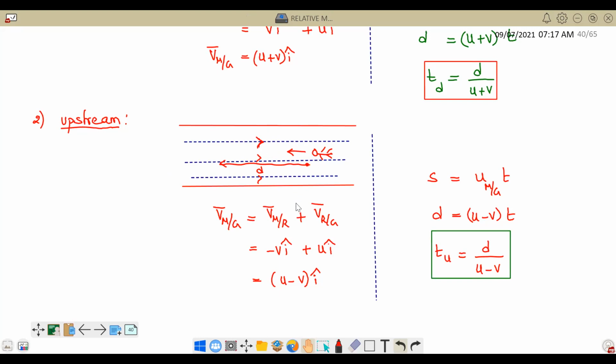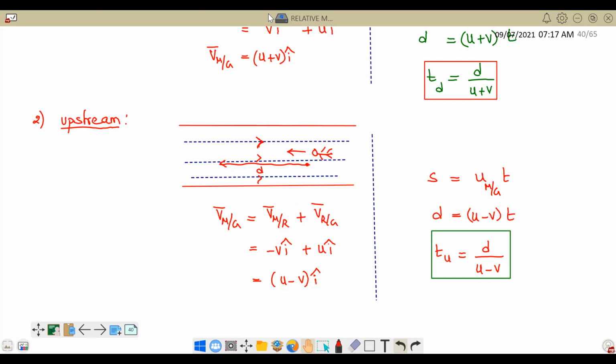I understood that, sir, but in the middle you said the sign should not be changed. Yesterday when the expression was explained, there was a doubt that for upstream there is a different formula.